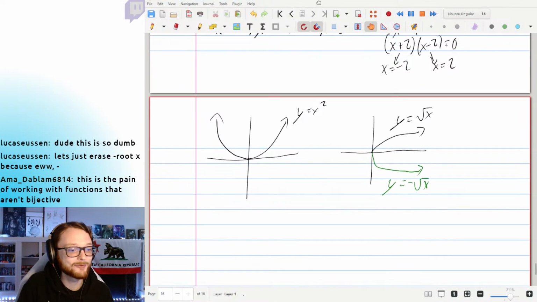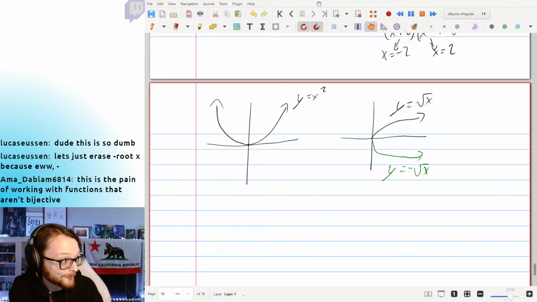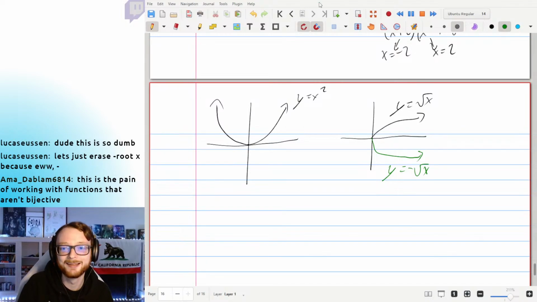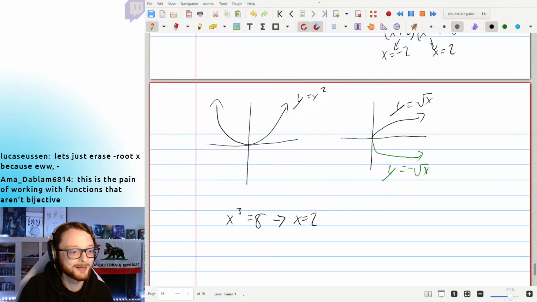And so I guess we could even say, to add another layer of weirdness, if you cube root, you're fine. If you know that x cubed is 8, you can say for a fact that x is 2, no plus or minus needed. And that's just the weirdness coming out.